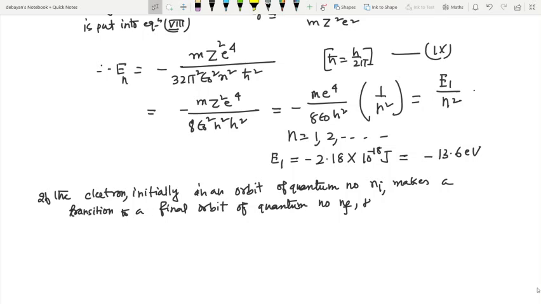We know that if the electron jumps from one orbit to another orbit, then that particular energy will be liberated. And what will be the value?